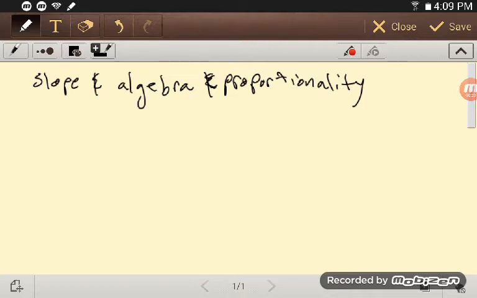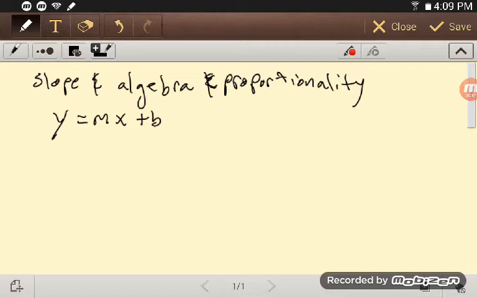And so in terms of algebra, when we think about a slope, probably most people would think about something like this: y equals mx plus b, where this is telling us a relationship between two numbers x and y.